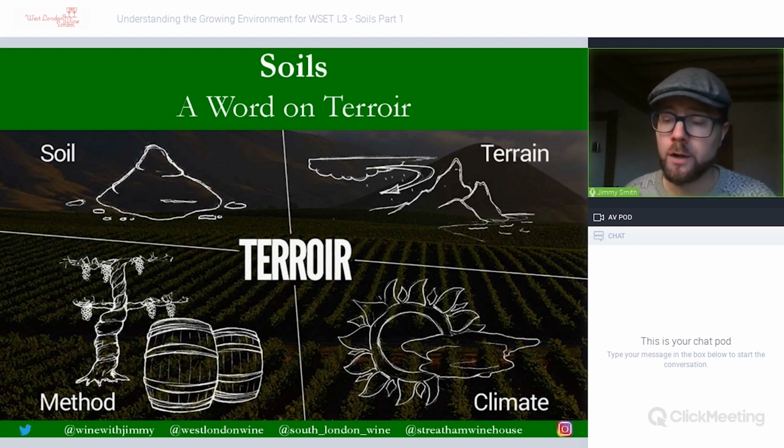So things like soil, the topography or terrain, the climate, the microclimate around that vine and vineyard, and then also human influence, the methodology behind viticulture and vinification. So it actually includes quite a lot of concepts. It's not just related to soils when we talk about terroir.